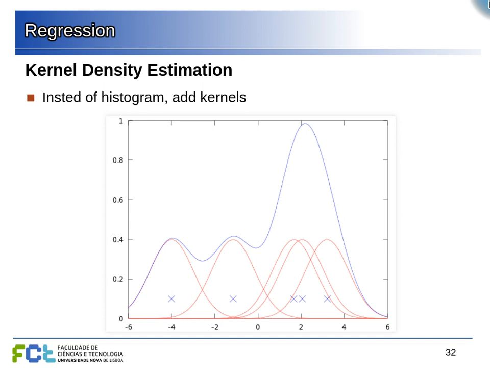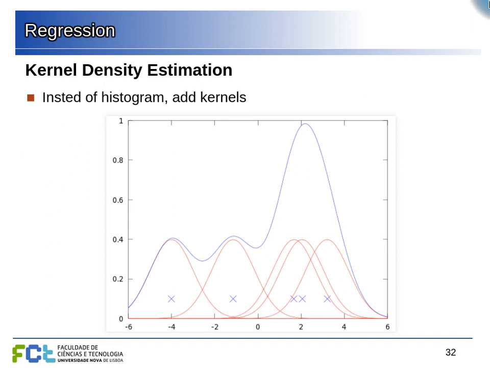So each Gaussian kernel contributes 1, the total area of that Gaussian. When we sum it, we have this total area equal to the number of points that we have here. But now we have it higher on this part where we have a larger concentration of points and lower here. We're going to see this in a bit more detail next week when we talk about the naive Bayes classifier.